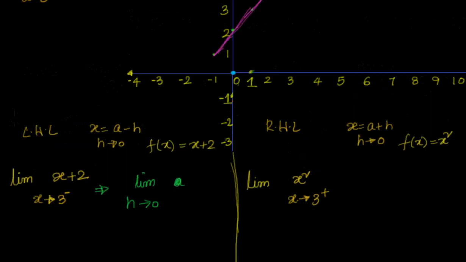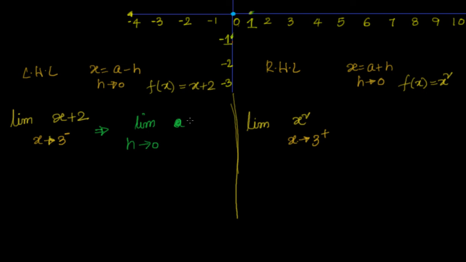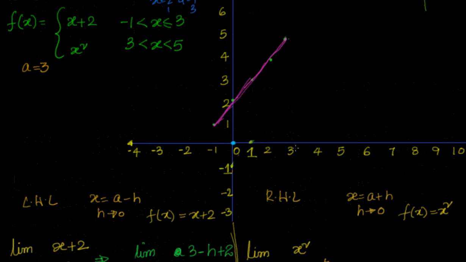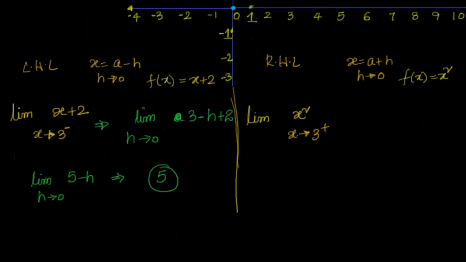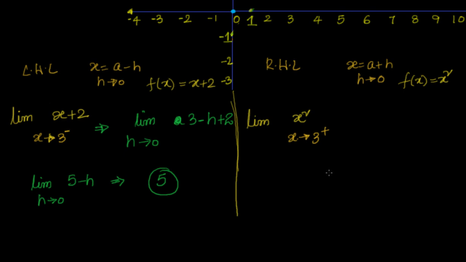We said a equal to 3, so that is nothing but 3 minus h, 3 minus h plus 2, that is equal to limit of h tends to 0, 5 minus h becomes 0, then the value will be 5. You can see that that is what we have got when it is 3. So same thing, whether you graph them or you do them, you will get the same value.